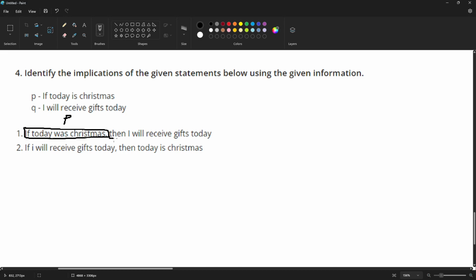And this word then represents the implication symbol, and this second phrase represents q. So, therefore, this is read as p implies q, and this statement is an example of implication.